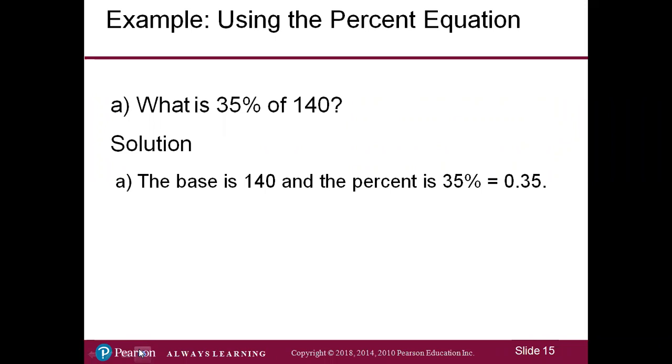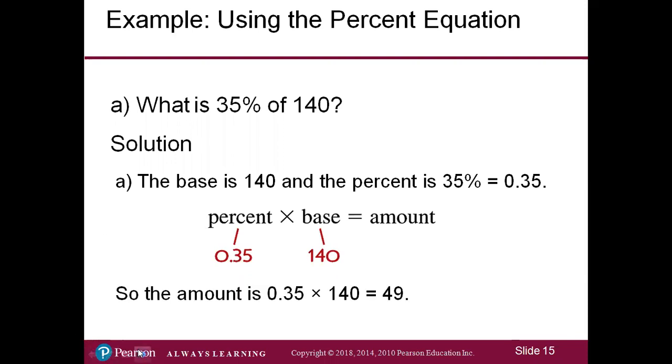The base is 140 and the percent is 35. 35% is 0.35. Percent times base equals amount. 0.35 times 140. So the amount is 0.35 times 140, or 49.